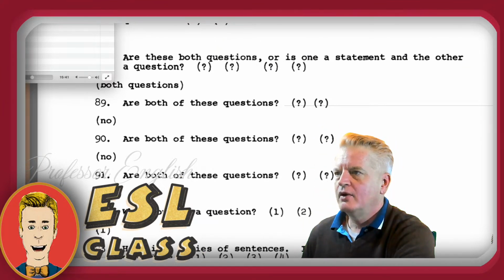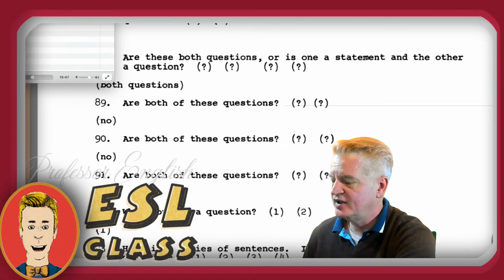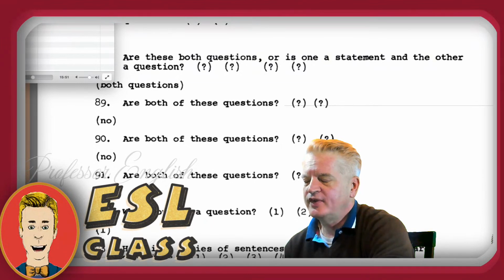89. Are both of these questions? Da sind die Streichhölzer. Wo sind die Streichhölzer? The first one sounds like a statement and the second one sounds like a question. 90. Are both of these questions?